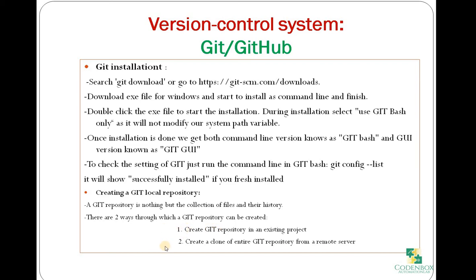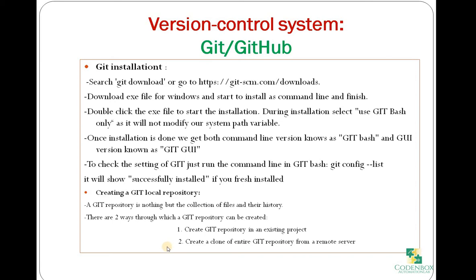Or maybe you join a company, and they already have the project and their code in their GitHub. That time you need to first clone the entire Git repository from your remote server. GitHub is also called a remote repository or remote server.